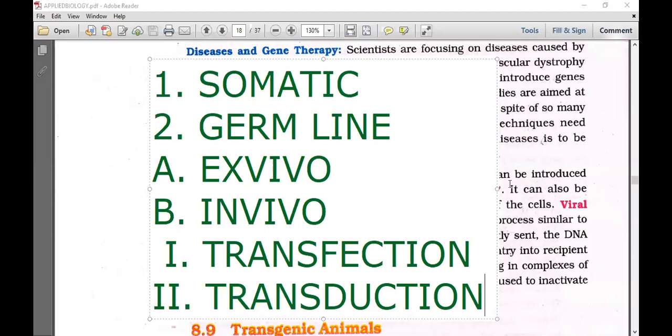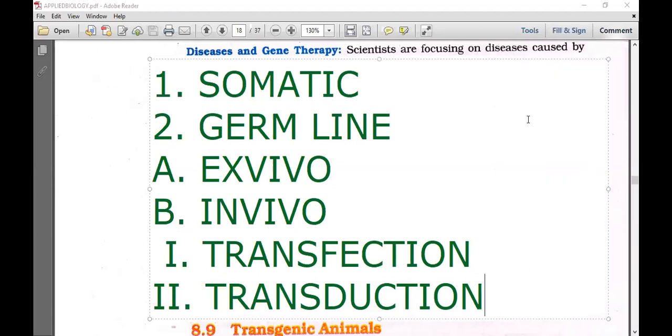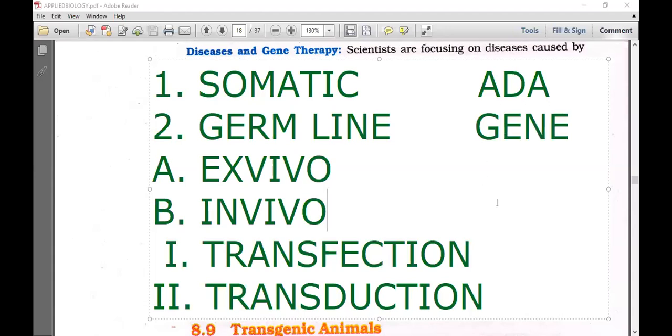Along with that, the gene therapy we did was ADA gene therapy, for the disease called severe combined immunodeficiency syndrome. These are the key things to be remembered from this gene therapy topic. So that's it, it is all about gene therapy.